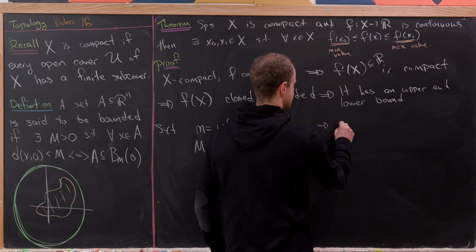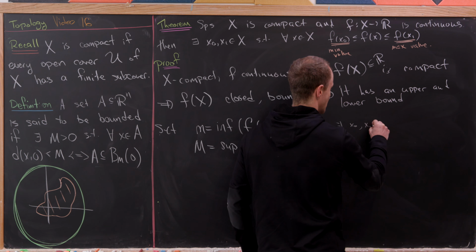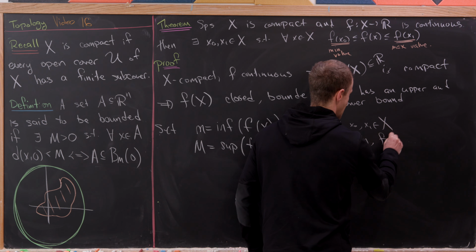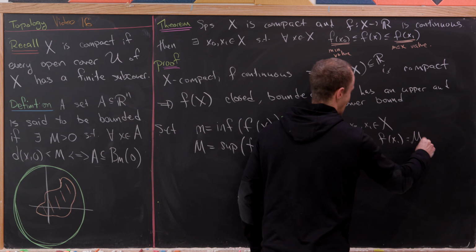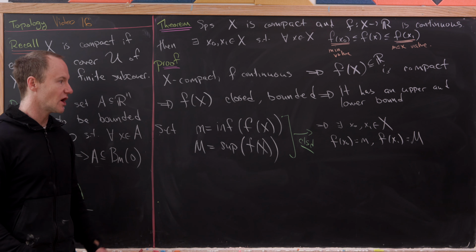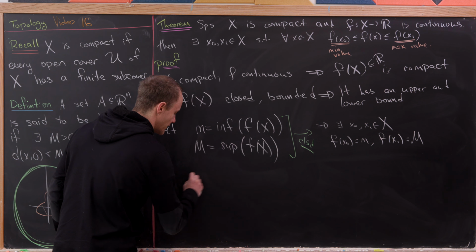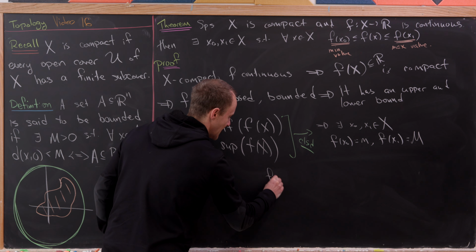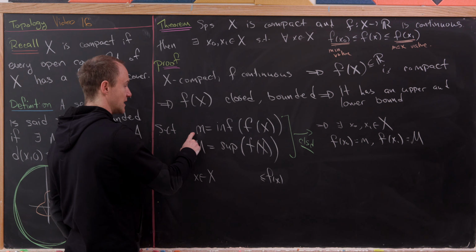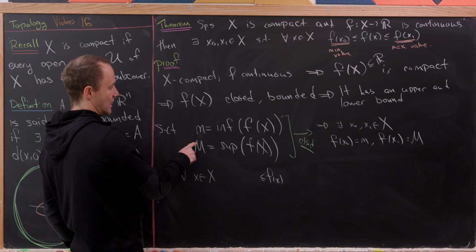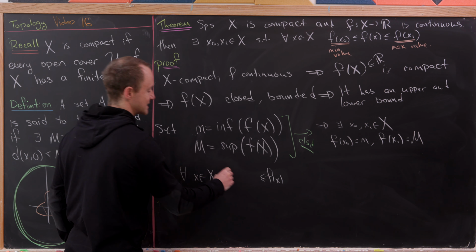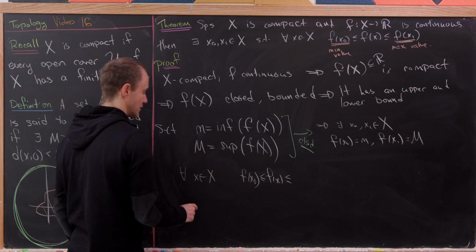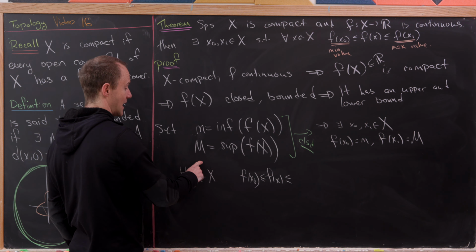So that means that there exists an x0 and an x1 inside of X, such that f of x0 is equal to little m and f of x1 is equal to capital M. But then we're good to go because we know that for all x inside of the domain, f of x has got to be bigger than or equal to the greatest lower bound, which was little m, which was f of x0, and it's got to be less than or equal to the least upper bound.